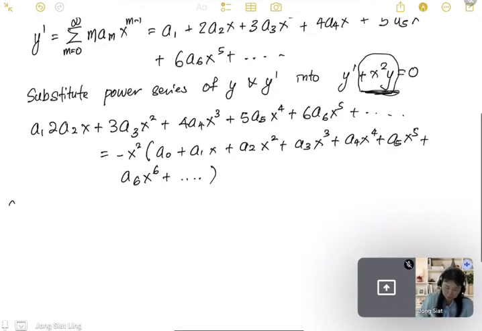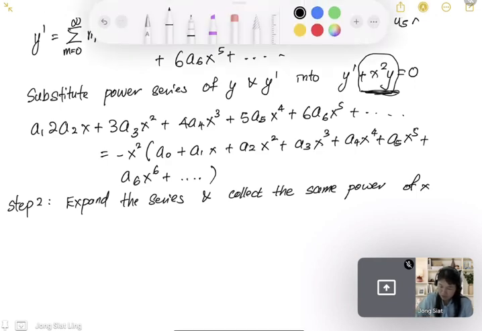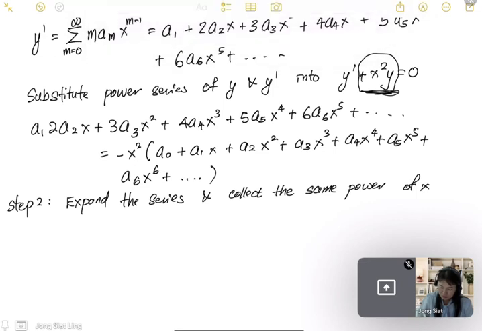Then we go to step 2. Step 2 is to expand the series and collect the same power of x. Okay, what does this mean? So you expand. This means that I will multiply in.